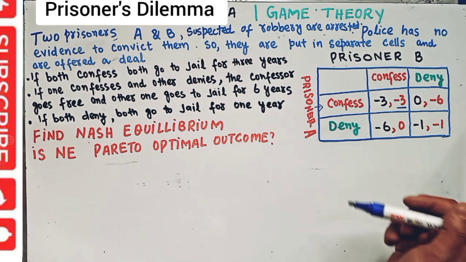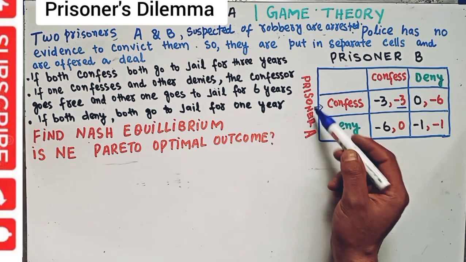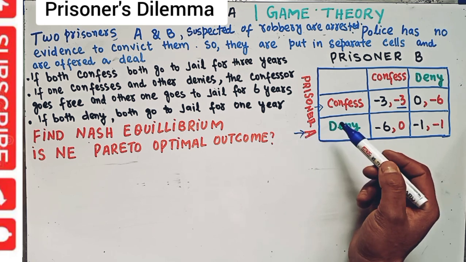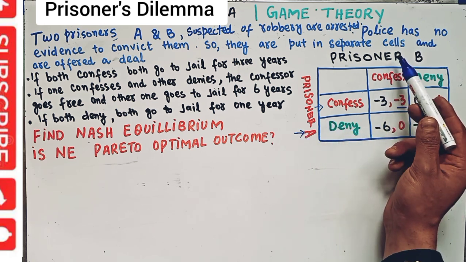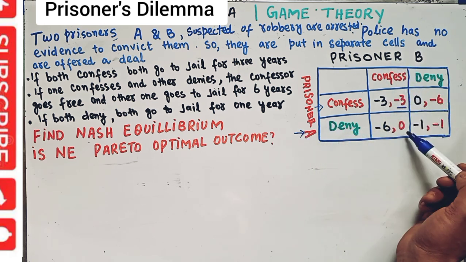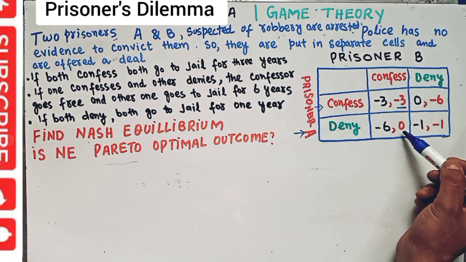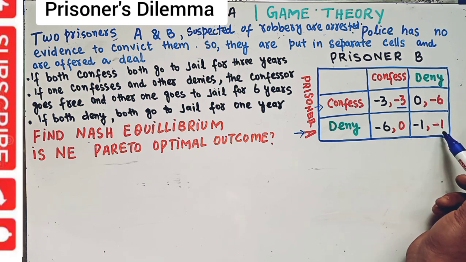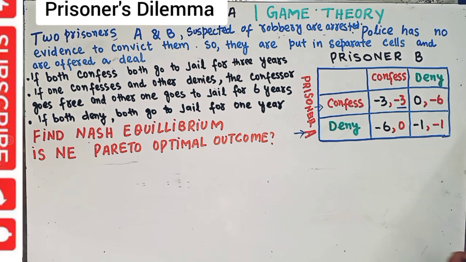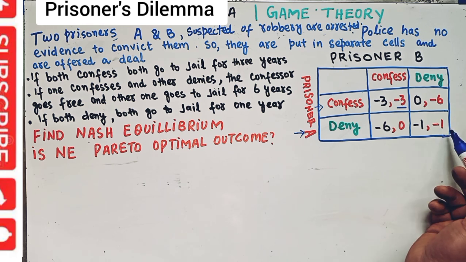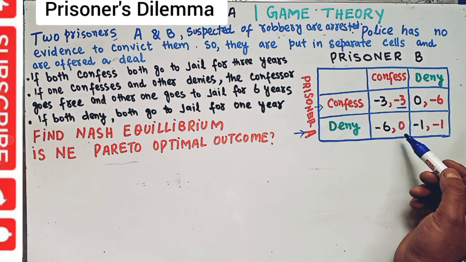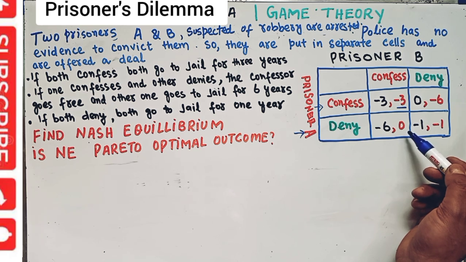Similarly, let us see what happens when prisoner A denies. Again prisoner B has two options, either to confess or deny. If he confesses, he gets a payoff of 0, that means he goes free, and if he denies, he gets a 1 year sentence in jail. Obviously he will choose to maximize his utility here.